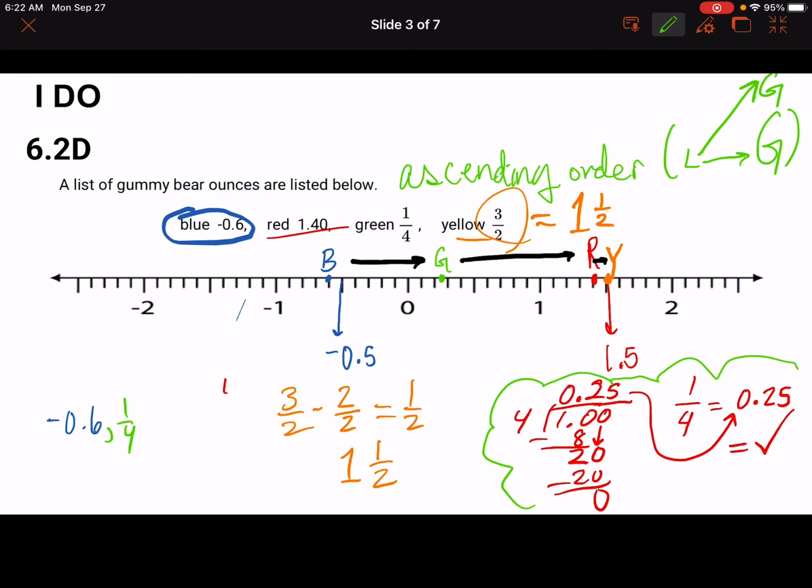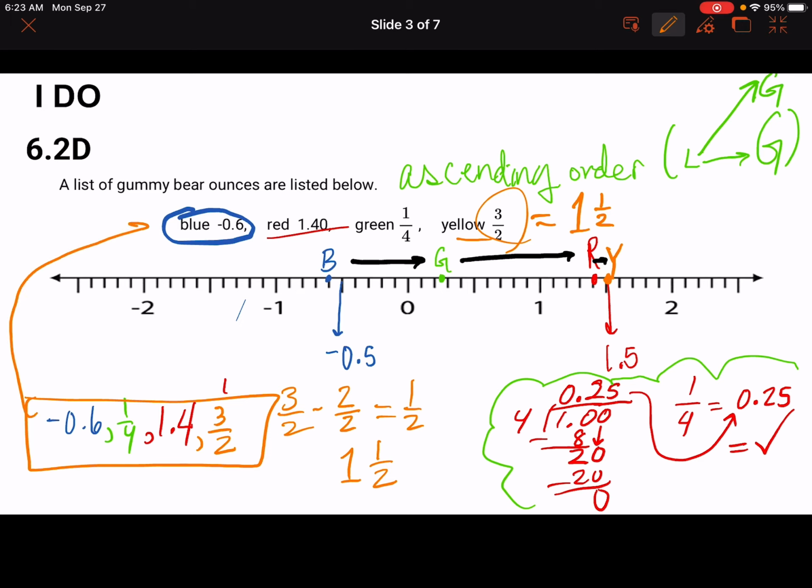After green comes red. And after red comes yellow. Remember to keep your answer as the original rational numbers that are listed up at the top.